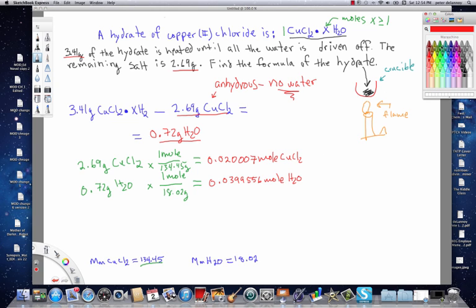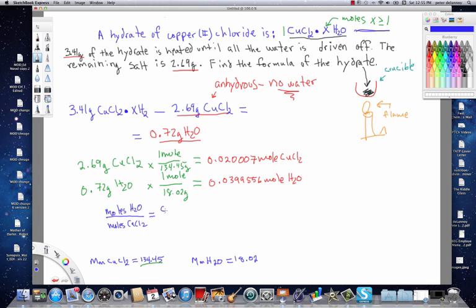okay, now we're ready to take our ratio, and we're going to take the ratio of moles of H2O divided by the moles of the CuCl2. Now the reason I'm going to do moles of H2O divided by moles of CuCl2 is because of this issue right here. Most of the time X is going to be greater than 1. So I want to take the ratio in order that a whole number pops out rather than getting a decimal.